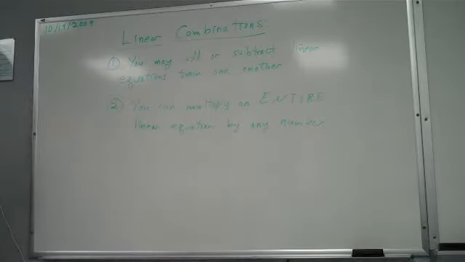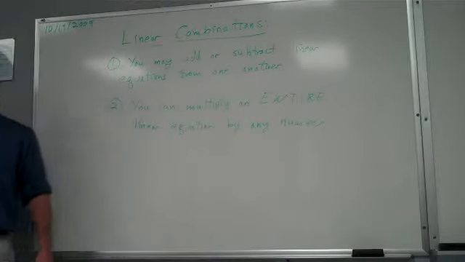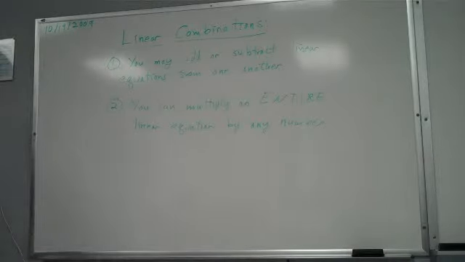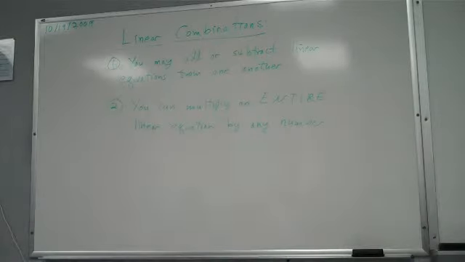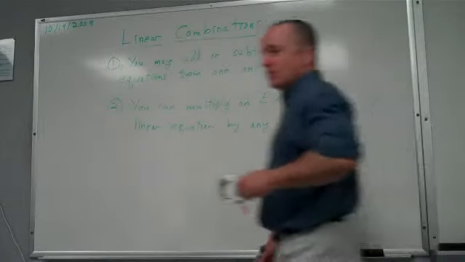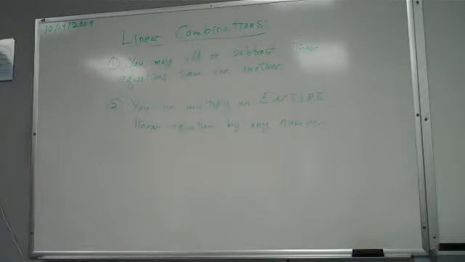Rule number one, you may add or subtract linear equations from one another. Rule number two, you can multiply an entire linear equation by any number at all. Any questions? It can be positive, can be negative, can be a decimal, can be a fraction, can be anything you want. And you're going to have to use your judgment to know when you're going to want to do that and why.